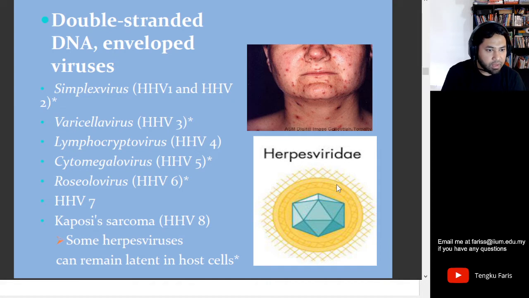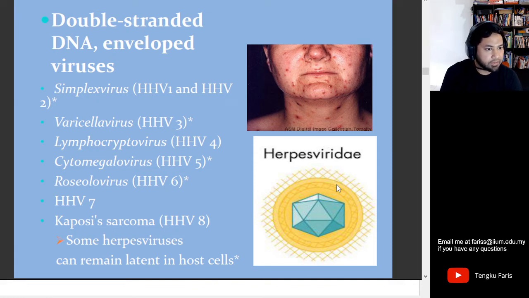HHV type 7 doesn't have a name so far. Kaposi sarcoma, HHV type 8. Some herpesviruses can remain latent in the host cell, meaning they can sleep in the host cell for some period of time, and when they want to start the effect or give symptoms, they can do that anytime they want.